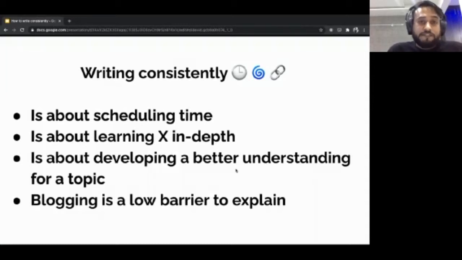I think it is a faster way to learn something new because you get to practice that concept and then you can explain it in the form of a post in your own words with your own understanding.